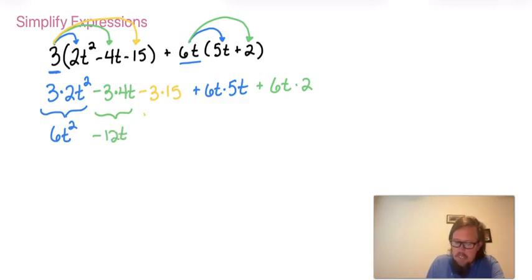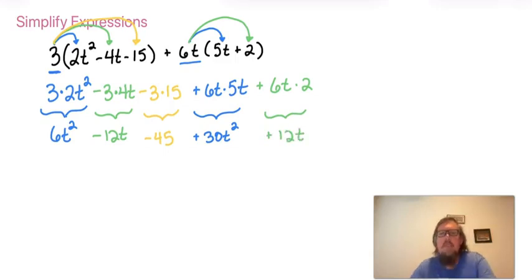We have negative 3 times 15, which is negative 45. We have a 6t times 5t, that's 30t squared, positive 30t squared. And then we've got at the end 6t times 2, which is positive 12t.